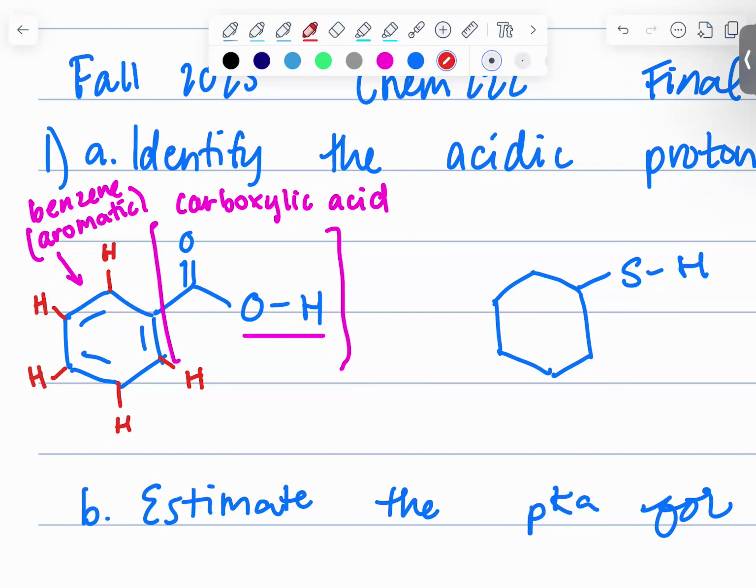Which of these protons will be our most acidic proton? Anyone have a confident answer? Exactly. So carboxylic acid, it's in the name of the functional group, it's an acid. And so that proton will be our most acidic of these protons.